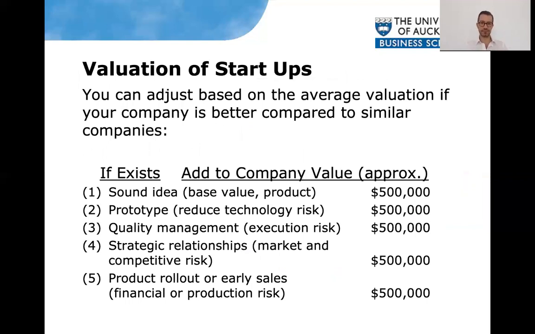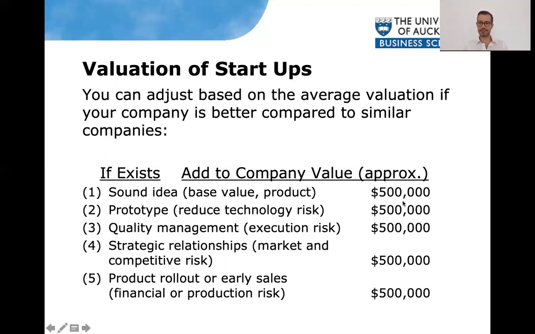So for example, if you already have a product and the other companies don't, you can say, okay, I'm worth a little bit more. If you have a prototype and the similar companies don't, you're worth a little bit more. If your company is run by Elon Musk, maybe your company is worth a lot more than other companies.